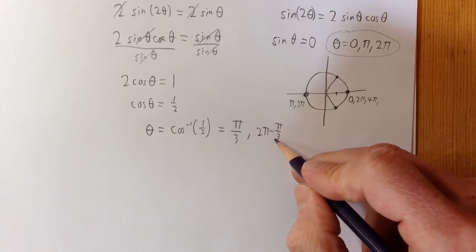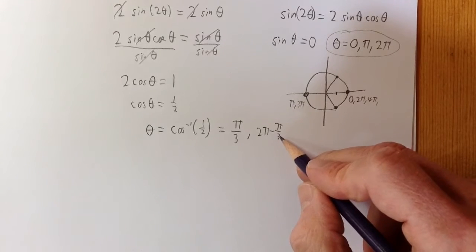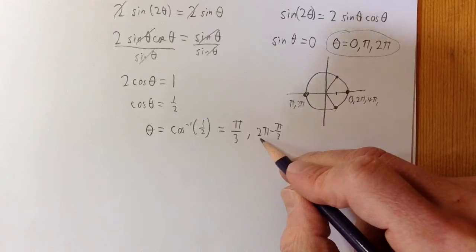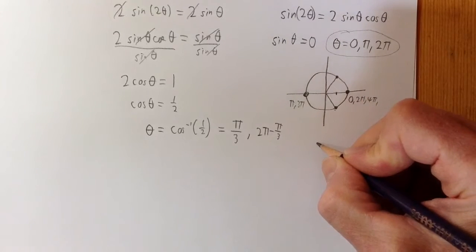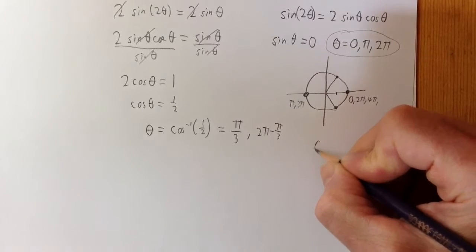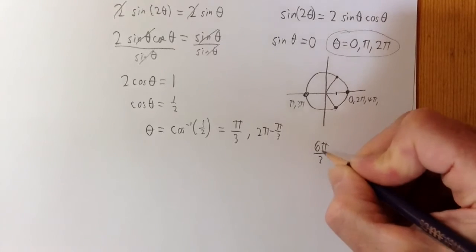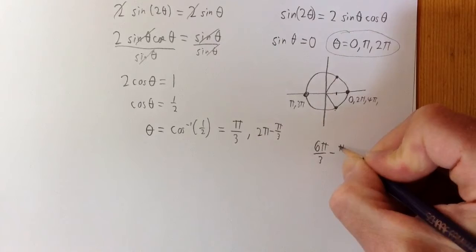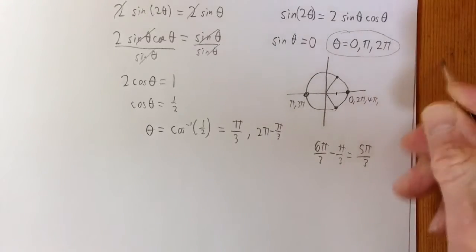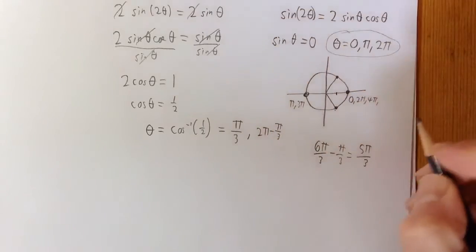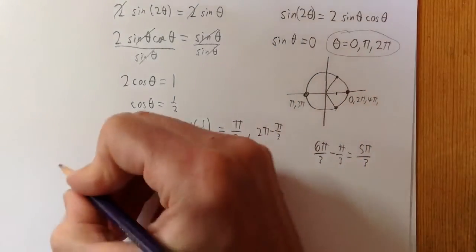So 2 pi minus pi over 3, we want to make that thirds, so that's 6 pi over 3 minus pi over 3, which should be 5 pi over 3. We'll just leave it like that. So we have 5 places where the slope is 0.